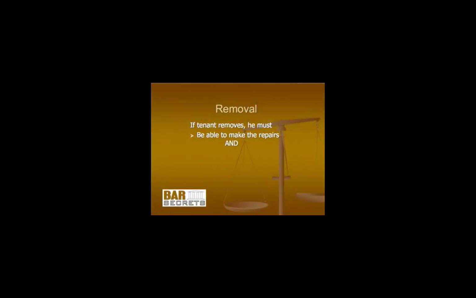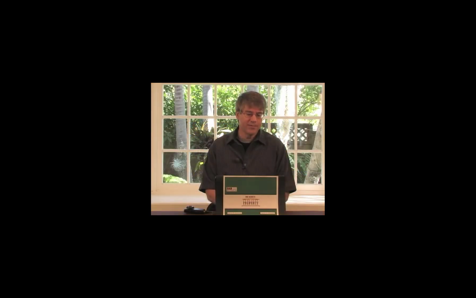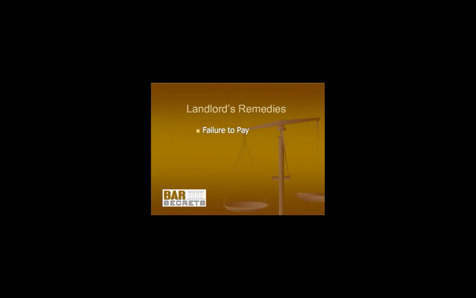Now, if the tenant does remove a fixture, the tenant must be able to make repairs and actually make the repairs and remove the fixture before the tenant vacates. Now, what happens when the tenant violates the tenant's duties? What are the landlord's remedies? Well, the main duty, again, is the failure to pay rent.